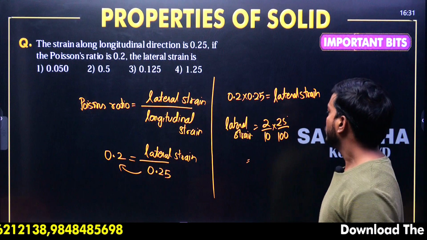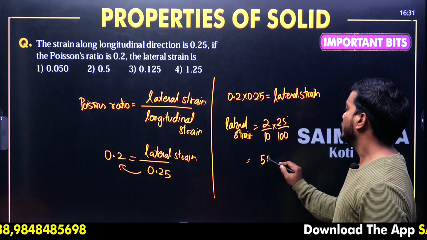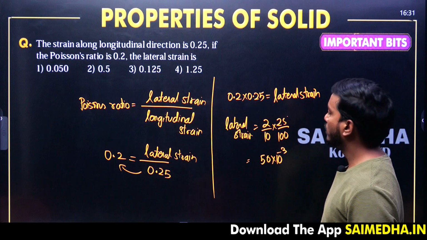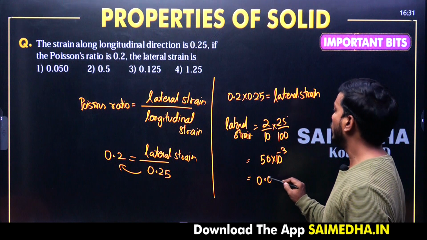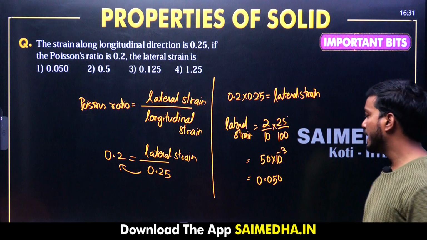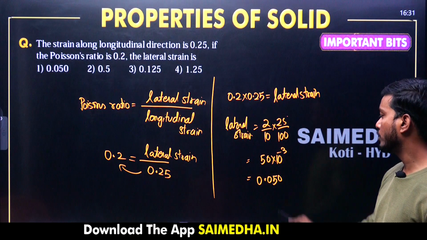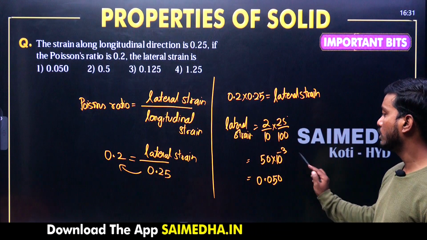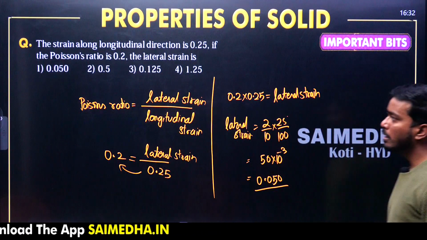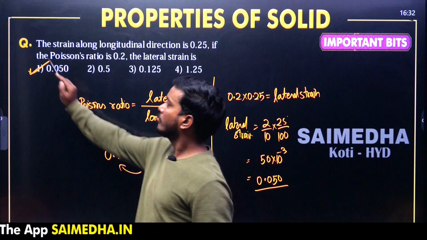So 25 twos are 50, 50 into 10 to the power of minus 3. This is going to become 0.050, that is 50 milli. If you see 1, 2, 3, 10 to the power of minus 3. So this is the correct answer, option number 1. Moving on to the next question.